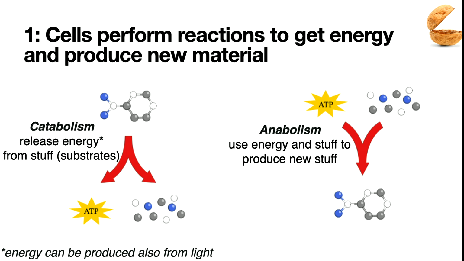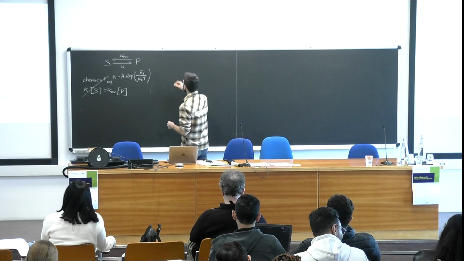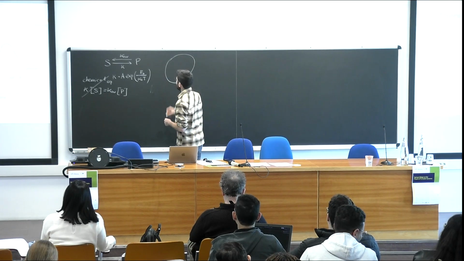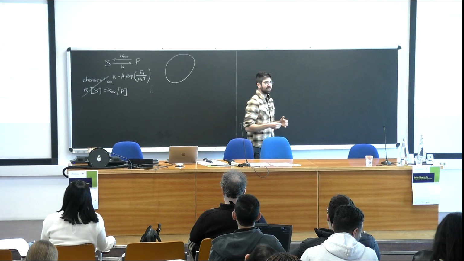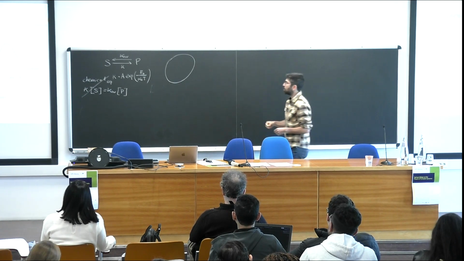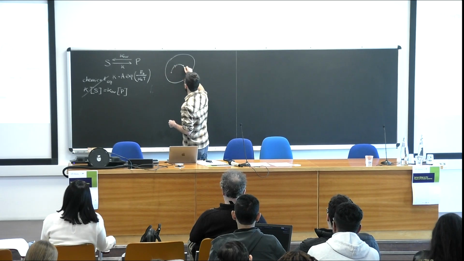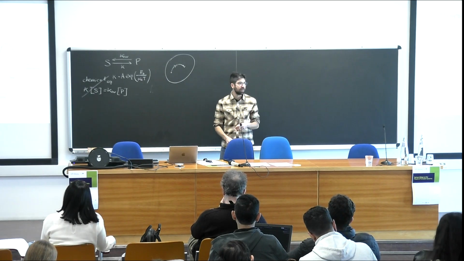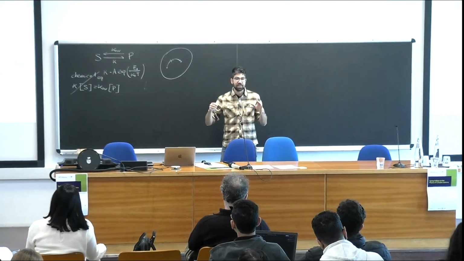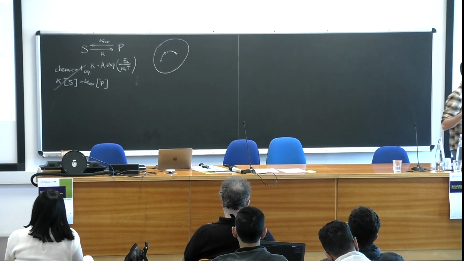Okay, so the first thing that you need to know about a cell is that it has a membrane, okay? So it has an inside and it has an outside. A cell performs a lot of reactions inside, transforming something into something else. If you take a closed system and start performing these reactions, at the end, if you wait a long enough time, you're going to go to chemical equilibrium.